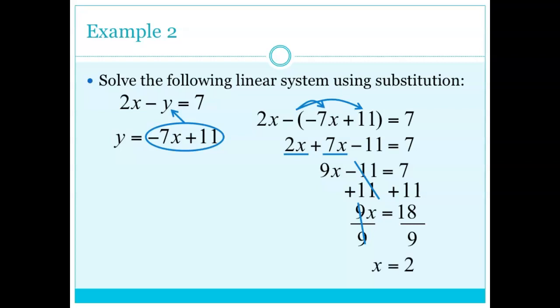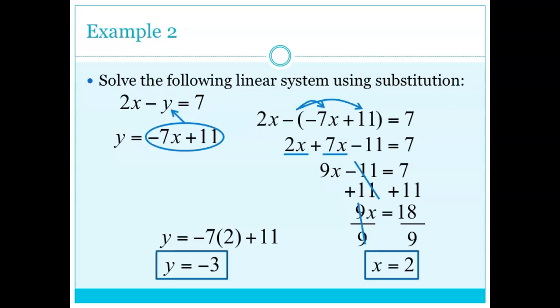Again, we've only solved for one variable up to this point, so I'm going to need to substitute this 2 in for x to solve for y. Since we had y equals negative 7x plus 11, I'm going to put 2 in for x. So this will be negative 14 plus 11, which is equal to negative 3. So x equals 2, and y is equal to negative 3.